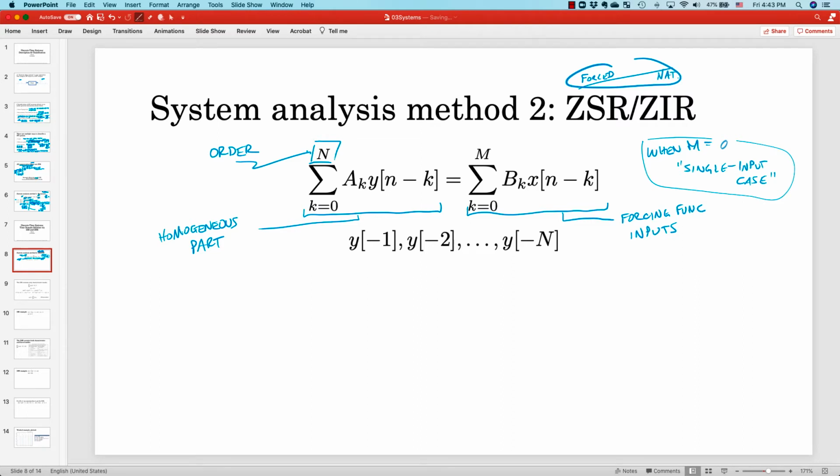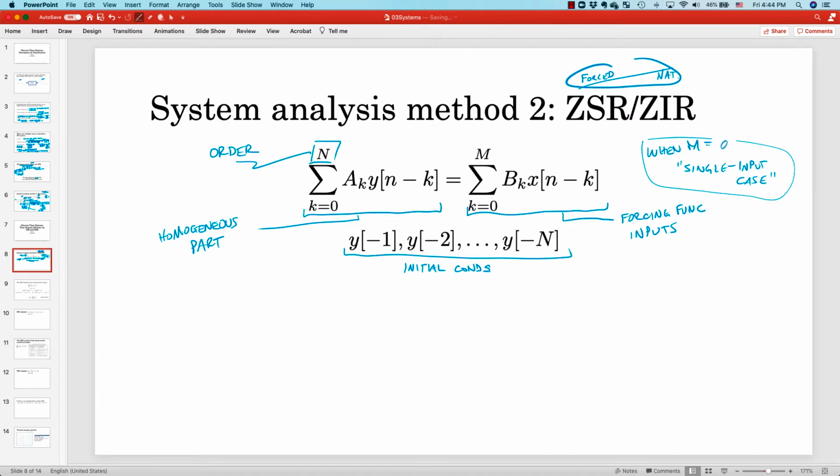Now the last piece of the puzzle are these initial conditions, which are slightly different than what they look like in continuous time. That is, they are values that the output takes at times before 0, or times before the input is applied.